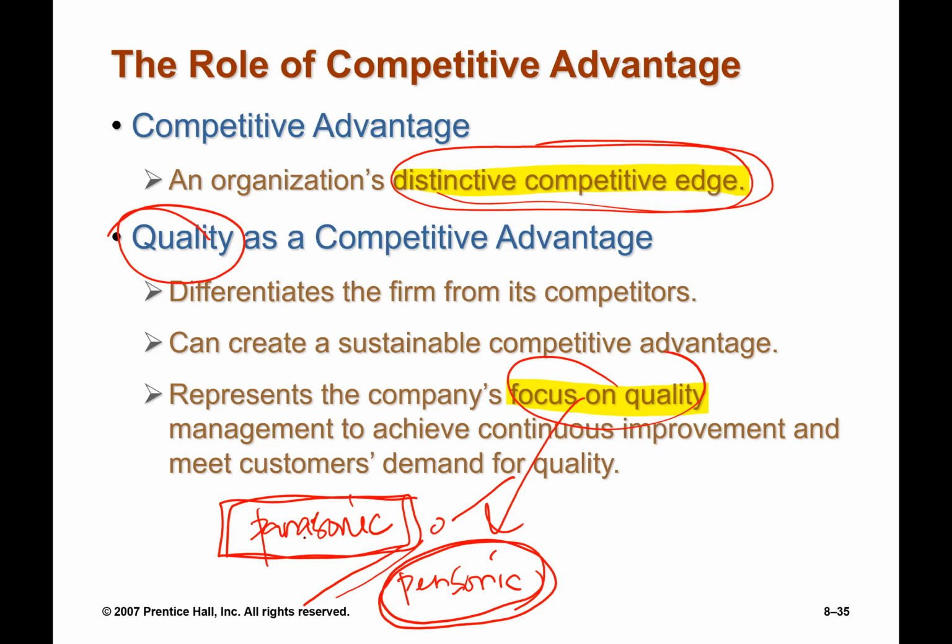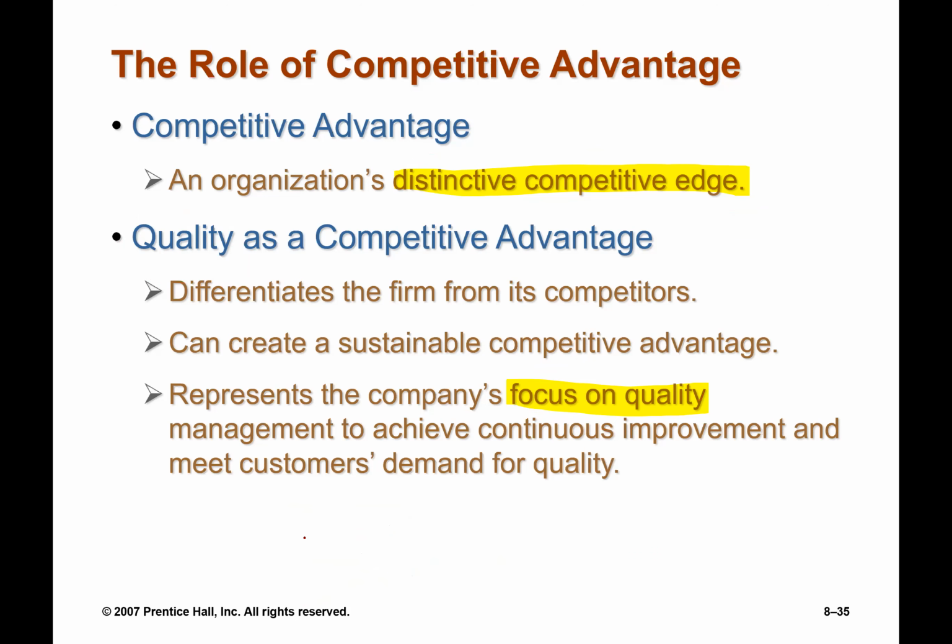And some car manufacturers are also based on that kind of concept. The car might be a little bit expensive, but the quality is there. People would like to buy the brand even though it is more expensive because they know it can last them forever. That is one of the strategies, competitive advantage based on quality.